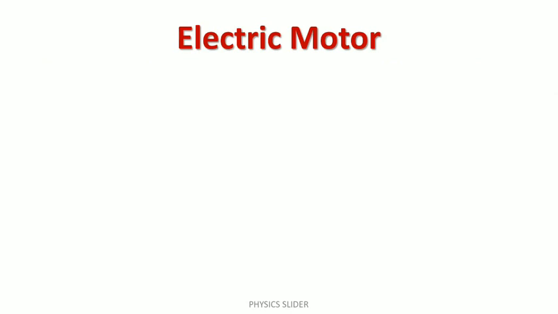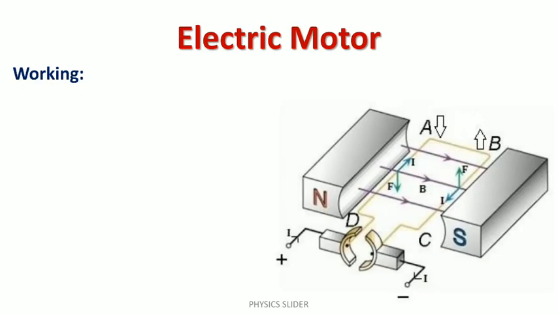Now let's move to the working of the electric motor. How does this electric motor work? Watch here. This is the north pole and this is the south pole, due to which the magnetic field is produced from north to south. This is the direction of the magnetic field B. Now watch here.